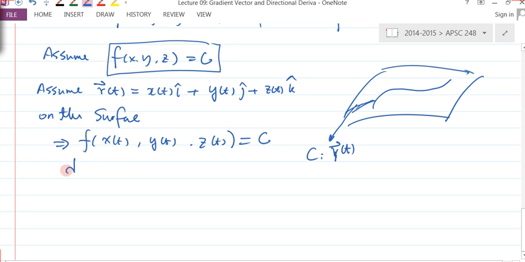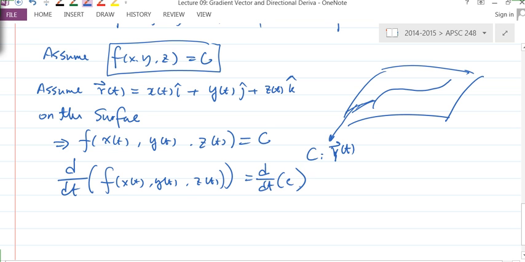Now we're going to take the derivative, because this is a function of t, so we can take the derivative of both sides with respect to t. And this is a constant, so that derivative is going to be 0.